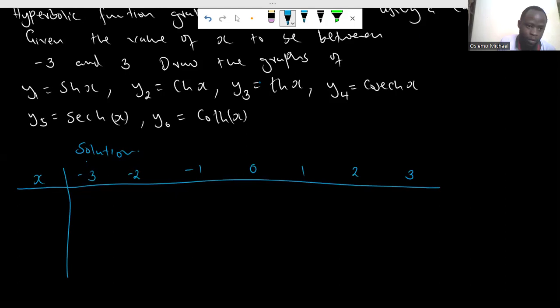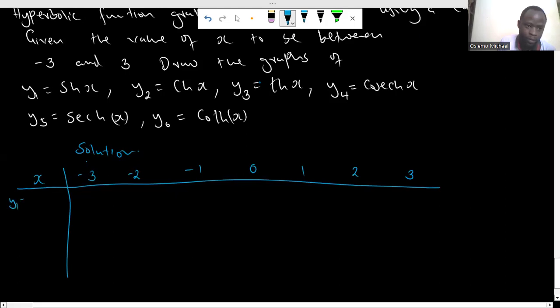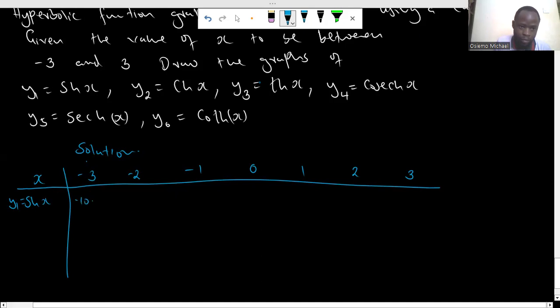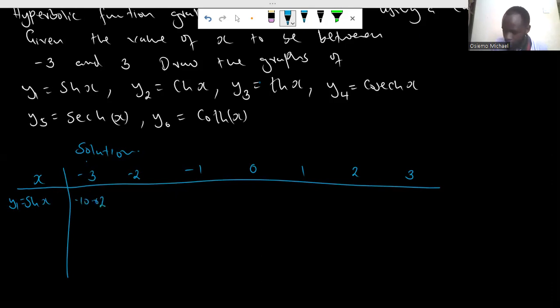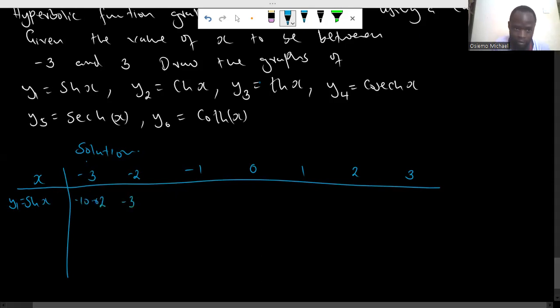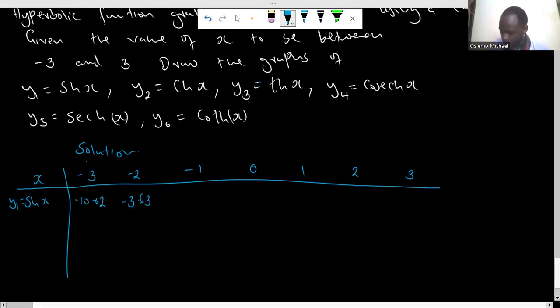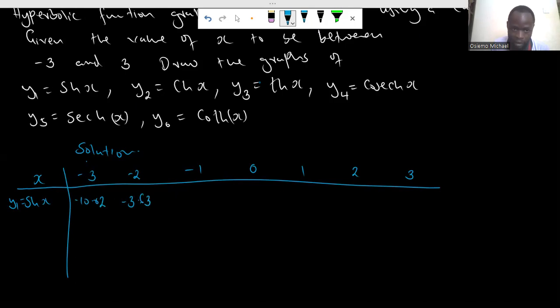Then you have y1, which is equal to sh of x. Keying the values, we have negative 10.02, negative 3.63, negative 1.18.